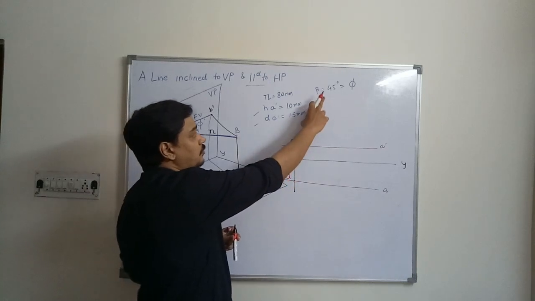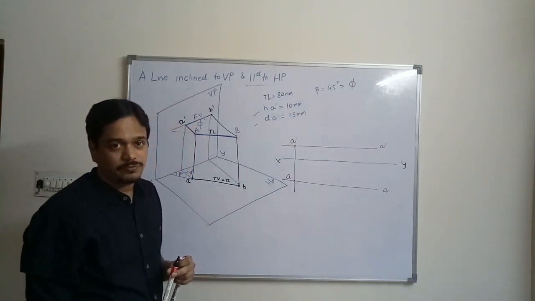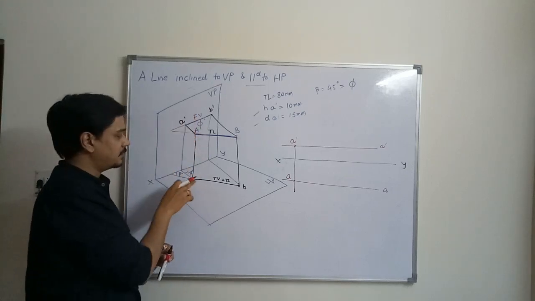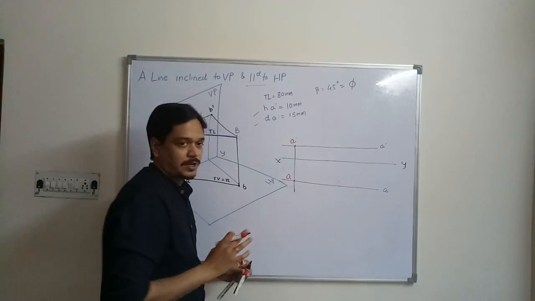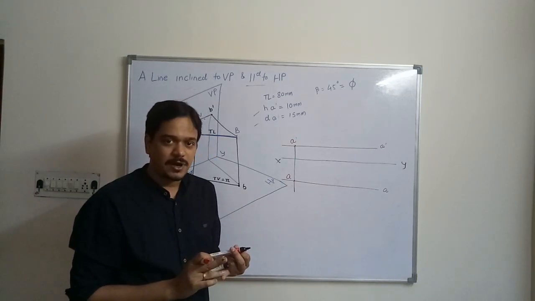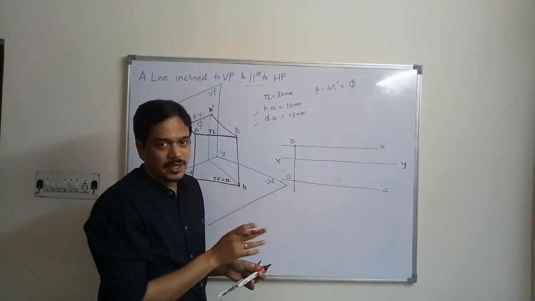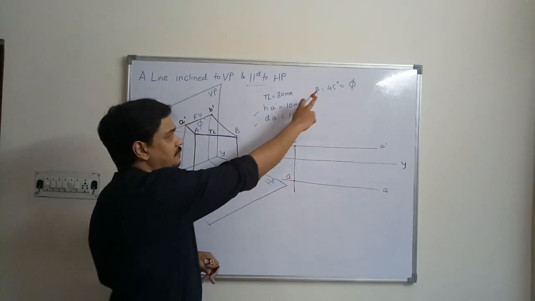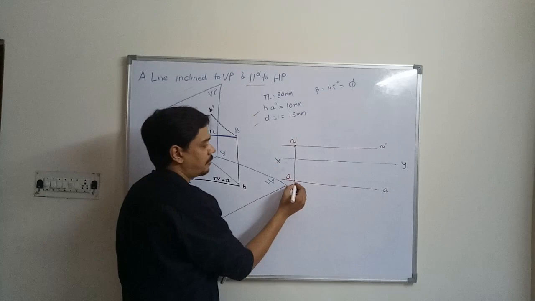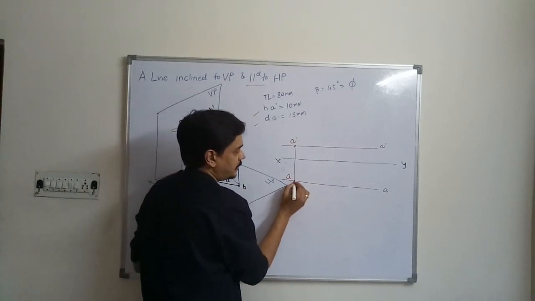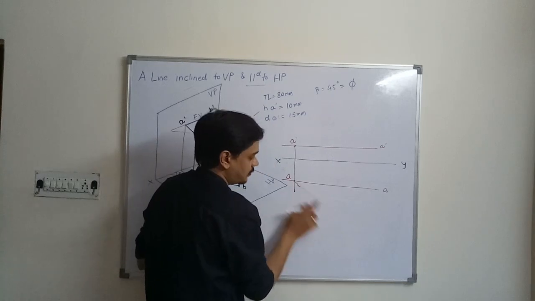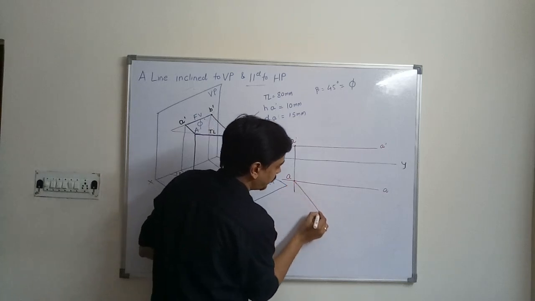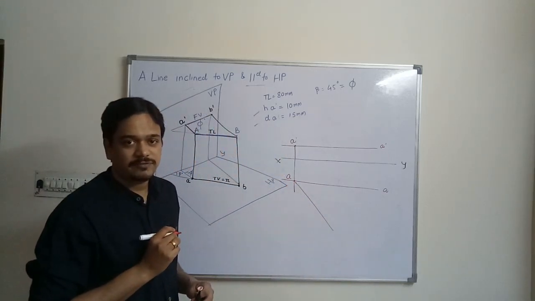So next is beta is equal to phi is equal to 45. This inclination is seen in top direction, so this will be drawn over here. Always remember, theta and alpha will be drawn above XY line, whereas phi and beta will be drawn below XY line. Since this is phi or beta, we will draw from A point. Since it is 45 degree, I am drawing a line at 45 degree.